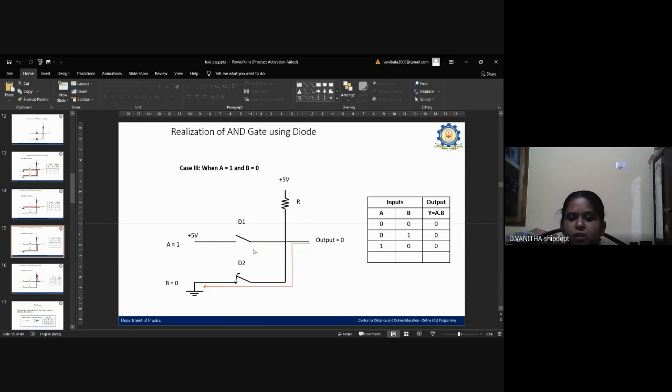So we are getting the output equal to 0. Likewise, when A is equal to 0 and B is equal to 1, the same has to be followed.